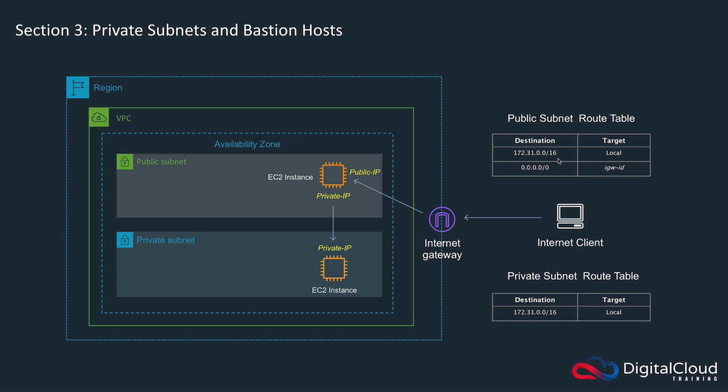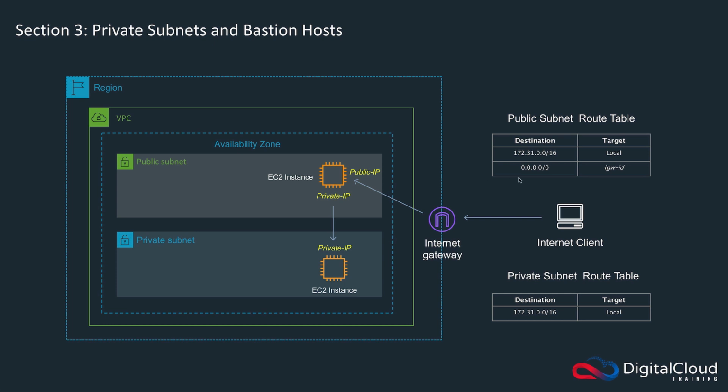And what that means is that all traffic to any subnets that are within this CIDR block are routed locally. So that enables routing between subnets, between public, private subnets, across multiple availability zones. It doesn't matter. Everything within that CIDR block is going to get routed locally by the VPC router.